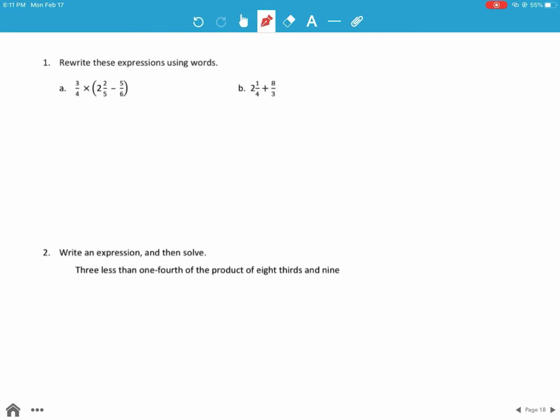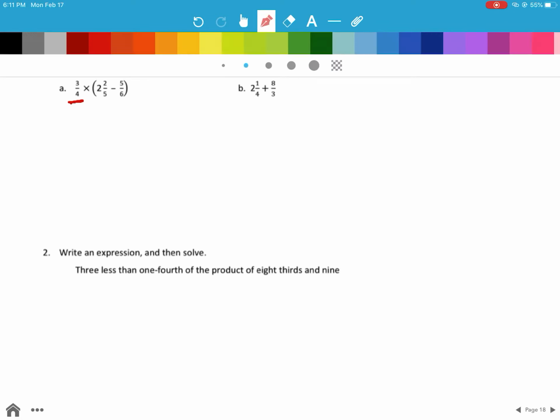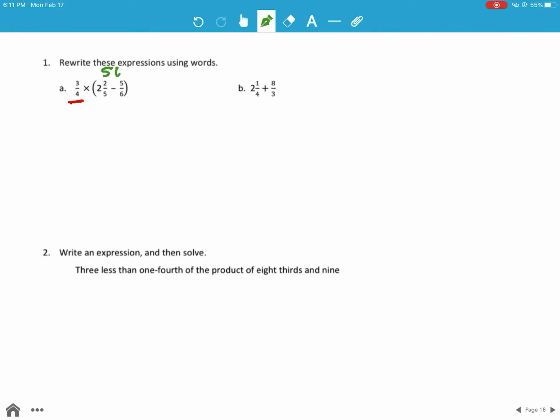All right, so first we have the 3/4, and then we have subtraction.